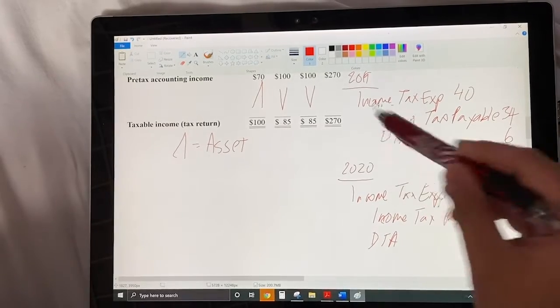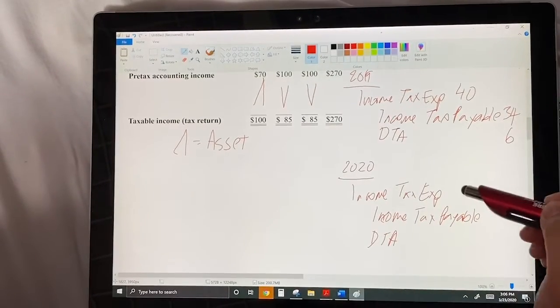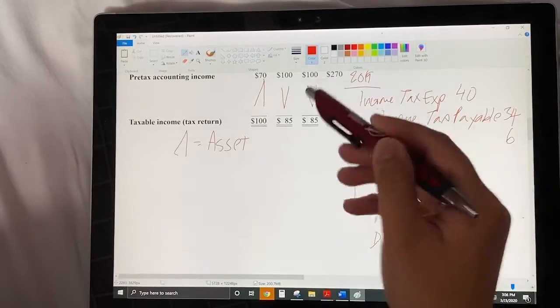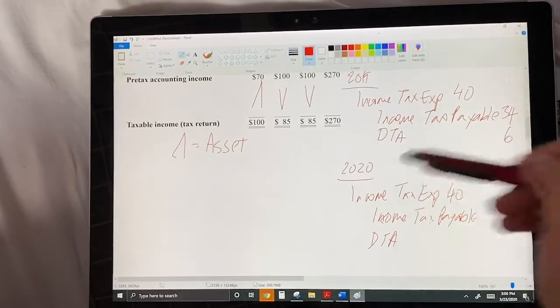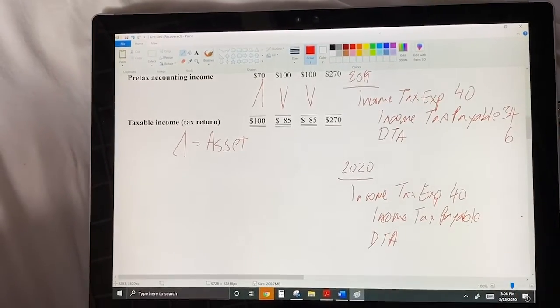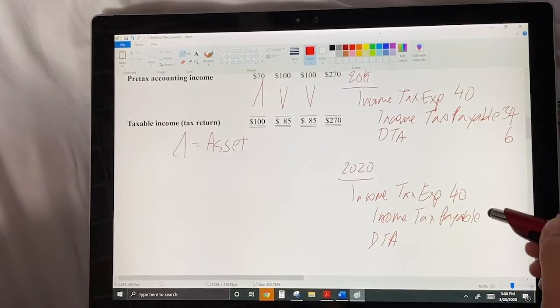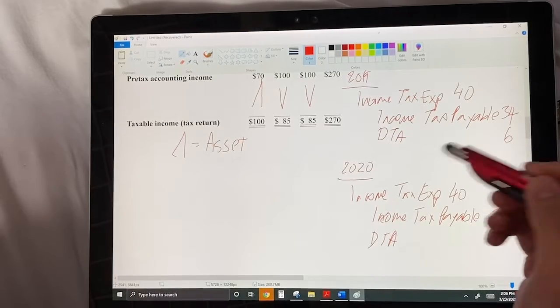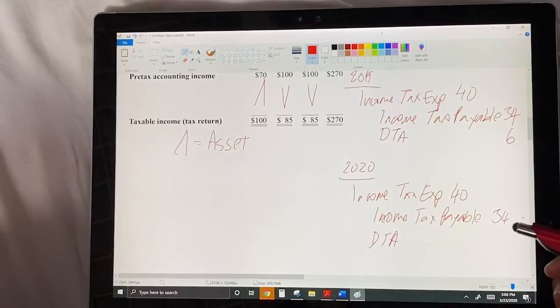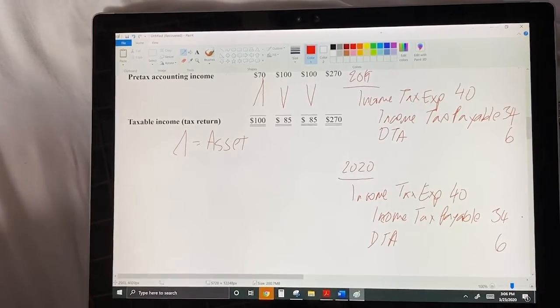So now income tax expense is 100 times the 40%, so it's 40. Oh, literally it's the same exact journal as 2019. So income tax payable is 85 times 40%, which is 34. And then DTA is going to be the difference, which is 6.